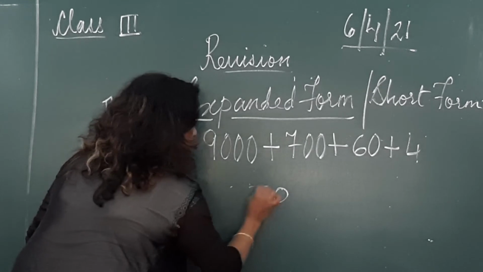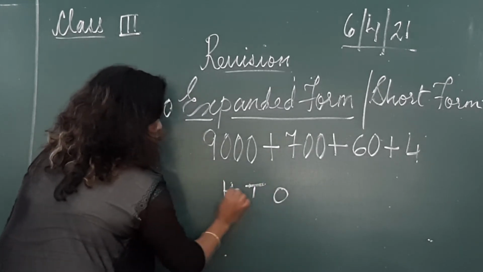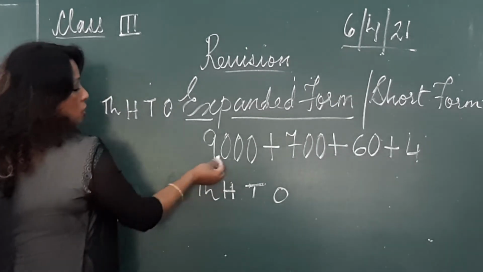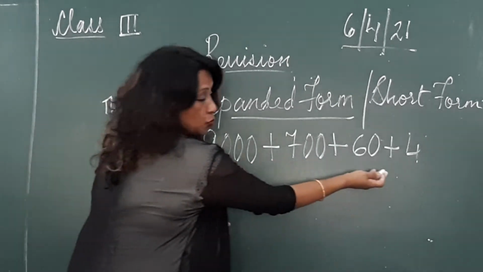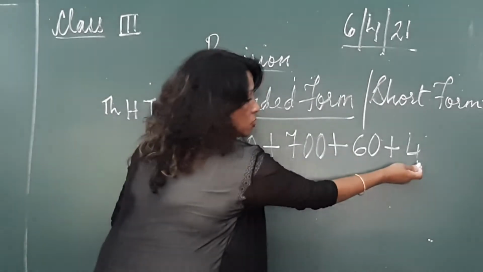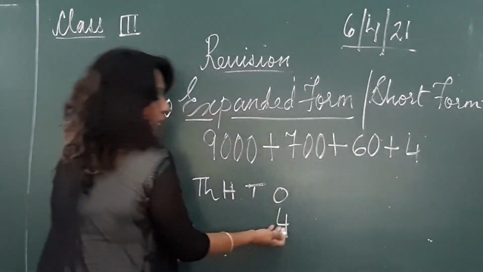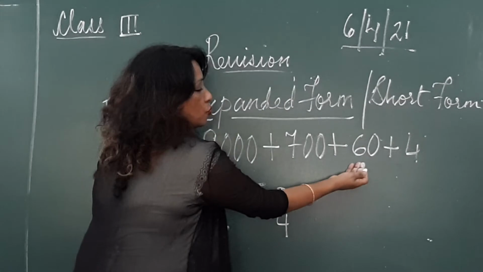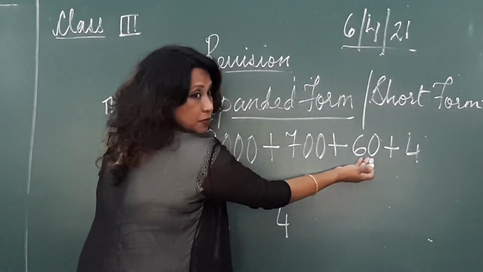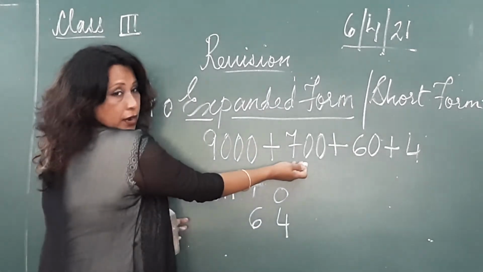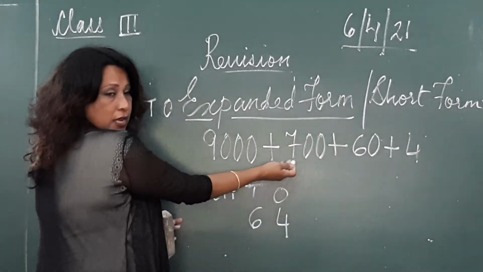Now ones, tens, hundreds and thousands. Let's start with ones. How many ones here? 4. Is there any 0 here? No. No 0 means it is under ones. The next number we come to tens. 6 tens means 60. So the next number is 6. After tens comes hundreds.